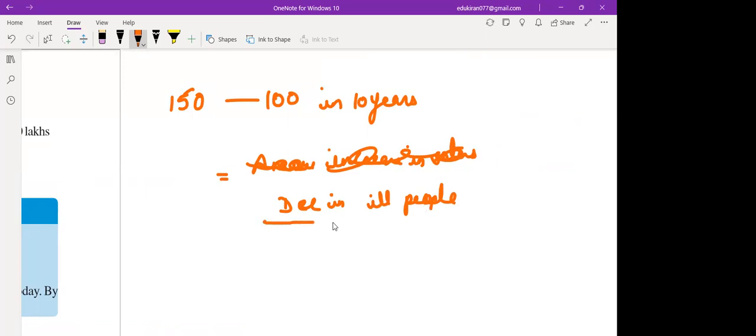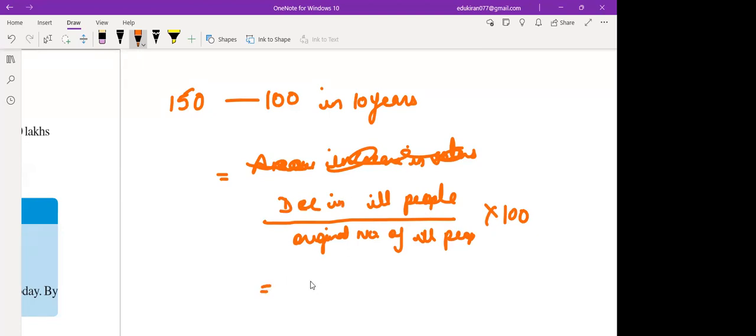Divided by, what was the formula? The original number of illiterate people, multiplied by 100. 150 minus 100, so over here the decrease in illiterate people is 50.